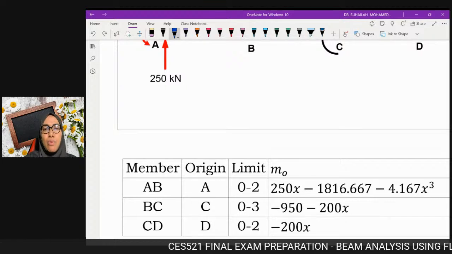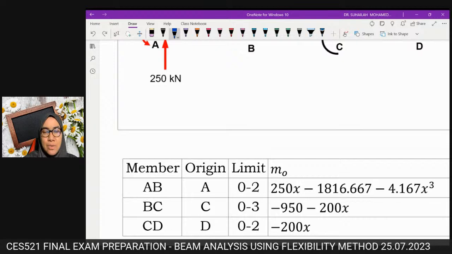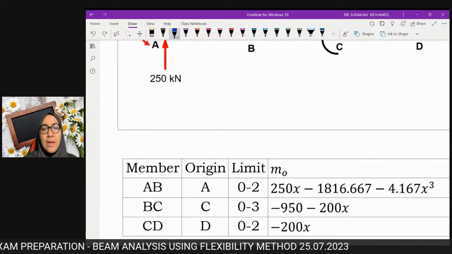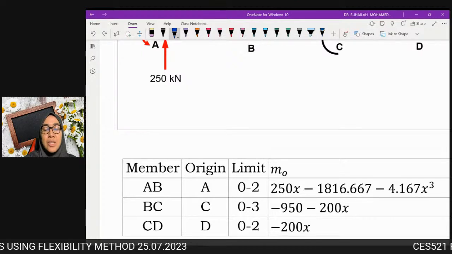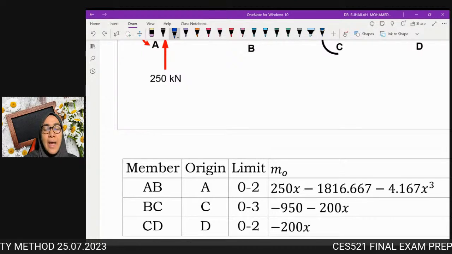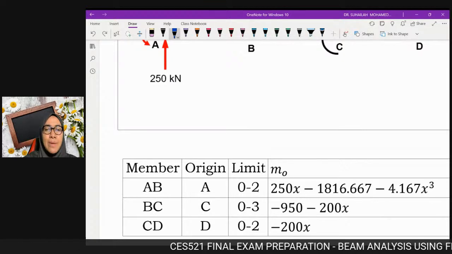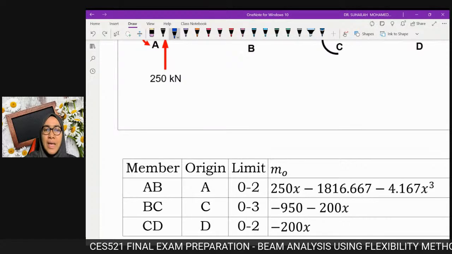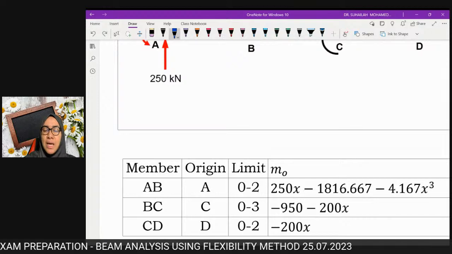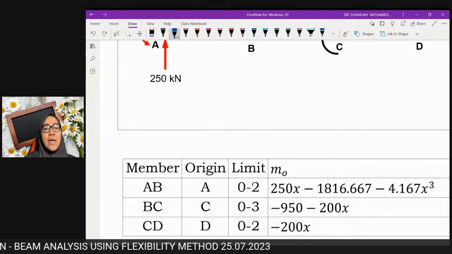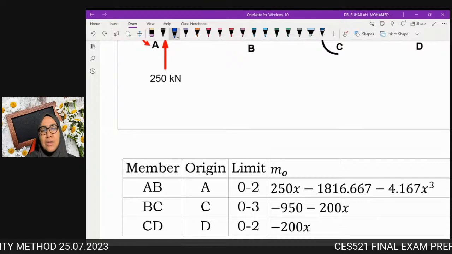When we write the moment equation, what is most important is the origin. We have to choose the right origin, and always remember that at the origin x is equal to 0. For member AB, I choose A as origin. For BC, I choose C as origin. For CD, I choose D as origin. By choosing A as origin, at A x is 0 and at B x is 2.